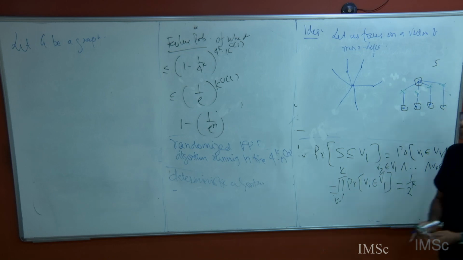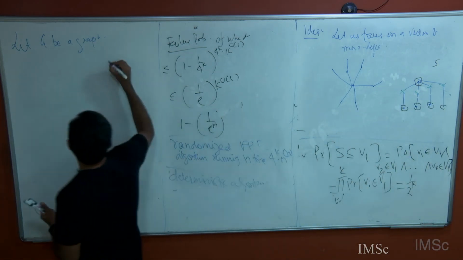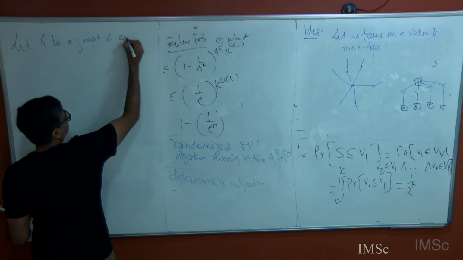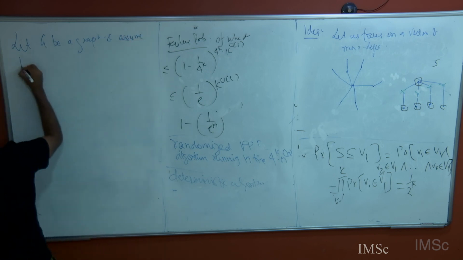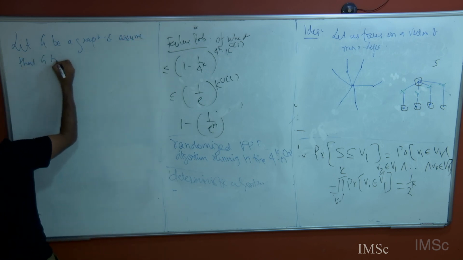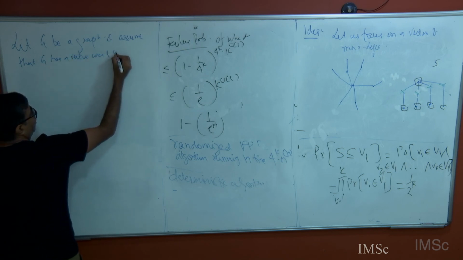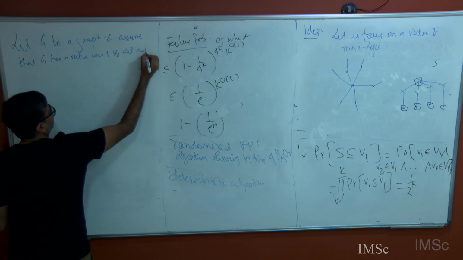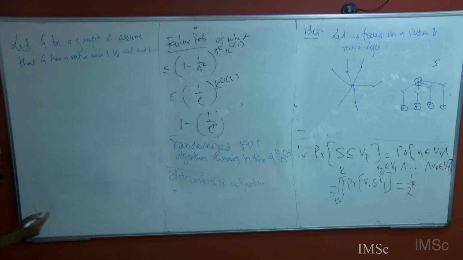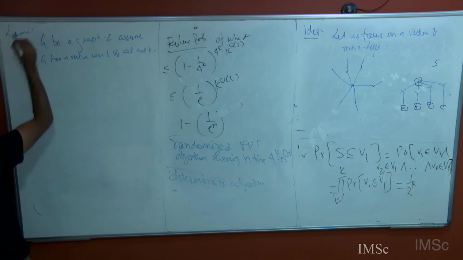Okay. Let G be a graph and assume that G has a vertex cover of size at most k. So it's basically a yes instance. Okay, this is my lemma.